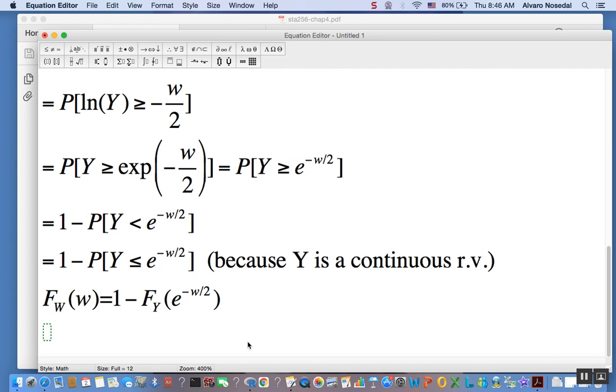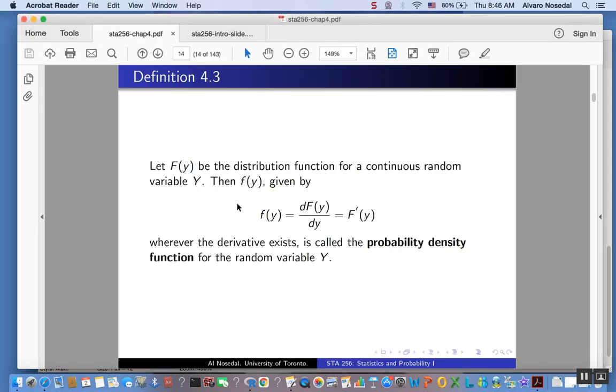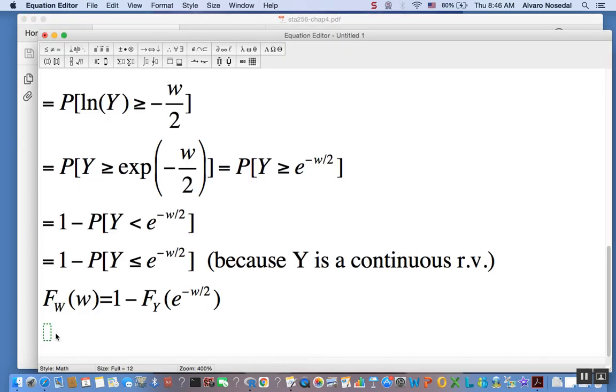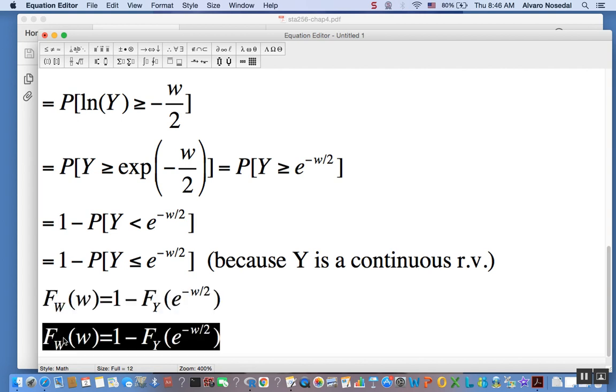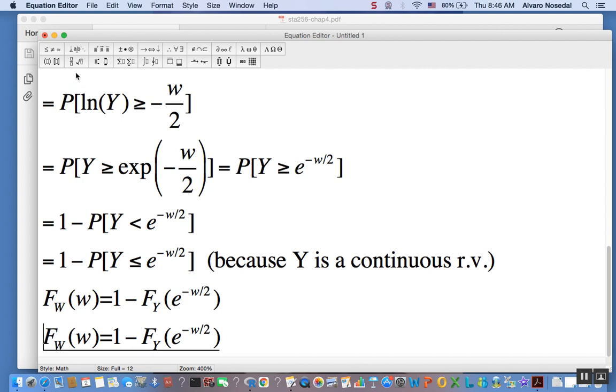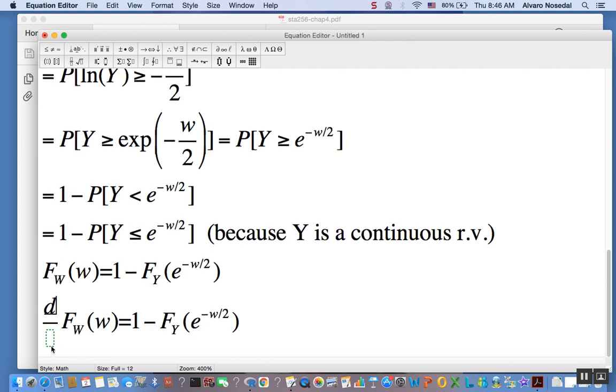Now, what we're going to be doing is this. Let's take the derivative with respect to W, the random variable of interest, of these guys.